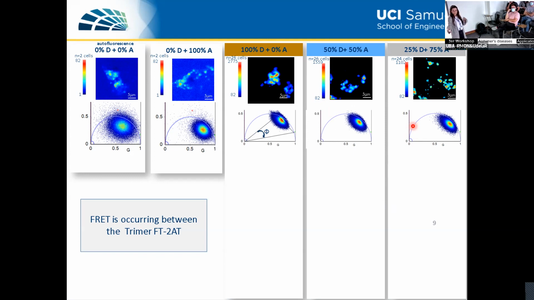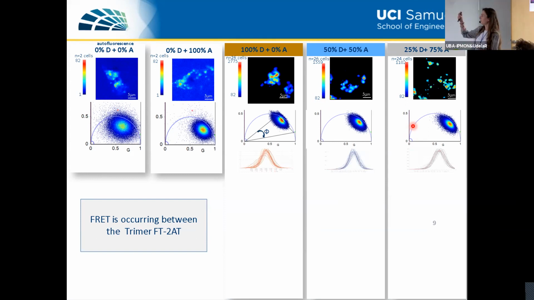So we characterized these phasor clouds with this component analysis in the software, where you can extrapolate these histograms to show this phasor cloud distribution. And here the different lines are different cells for each of the conditions.